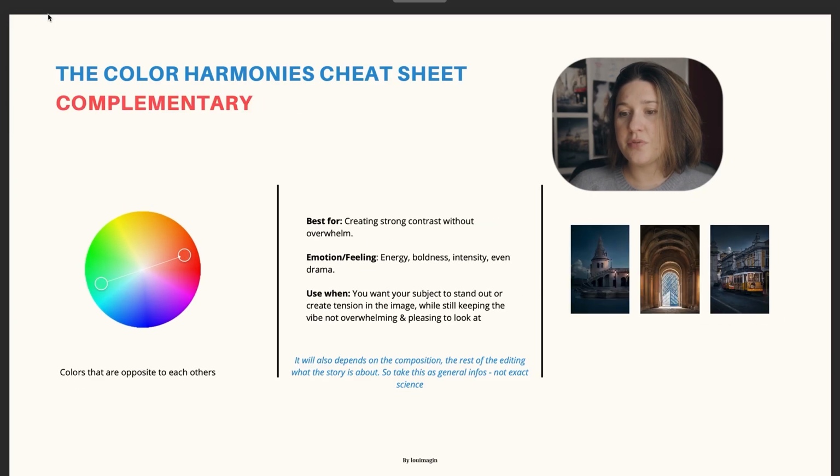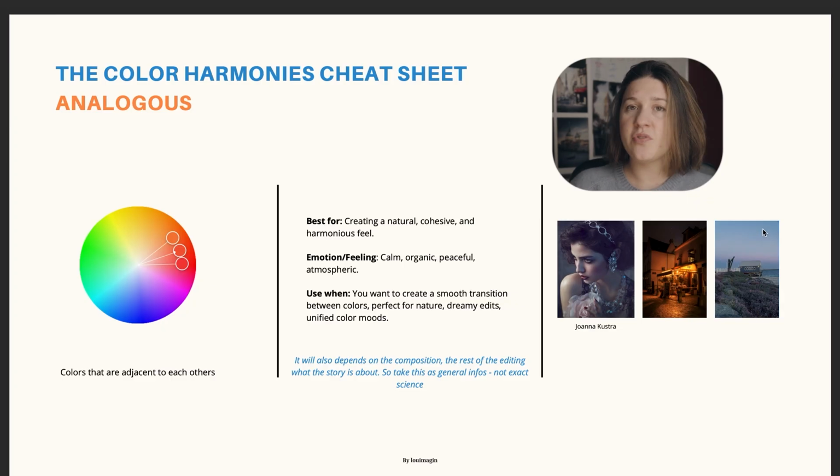So I wanted to show you a file that I also give to my students inside of the Color Code course. This is the file with the different color harmonies, with photos that show each color harmony in action. So for example, the analogous color harmony, I would say is something very calm, organic, peaceful, atmospheric.